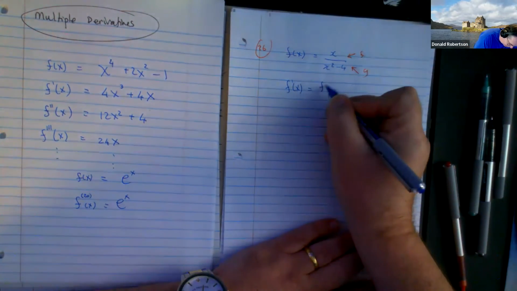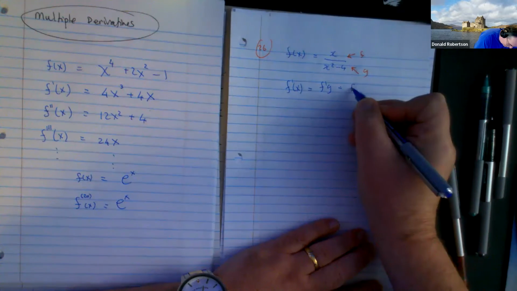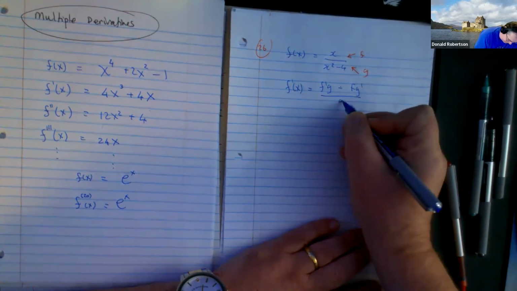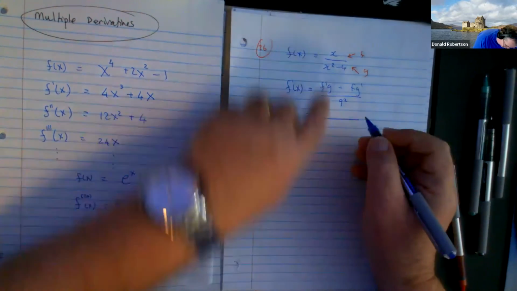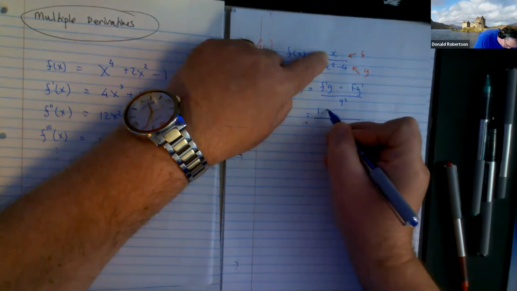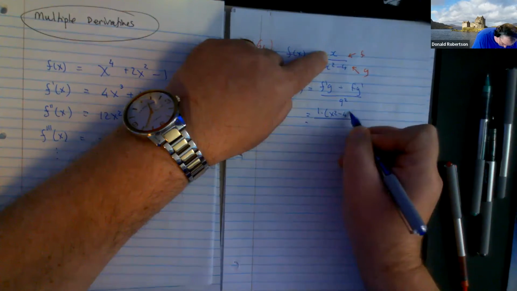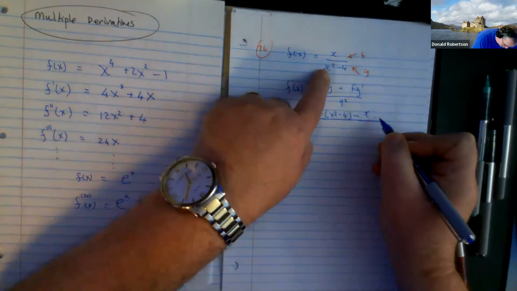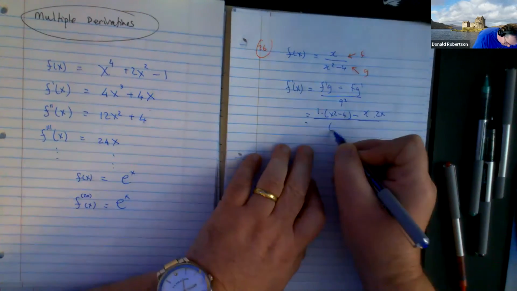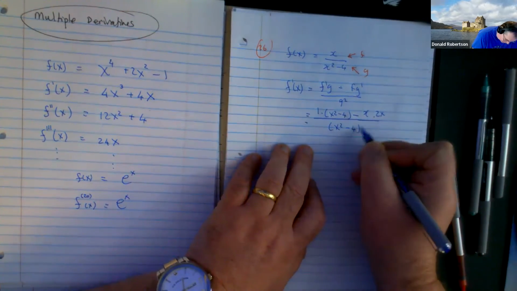A little bit uglier perhaps, but nothing major, right? So the first derivative would be: differentiate that, which is 1, leave this guy alone, take away, leave this guy alone, and differentiate the bottom. And the whole thing ends up being x squared minus 4 squared.